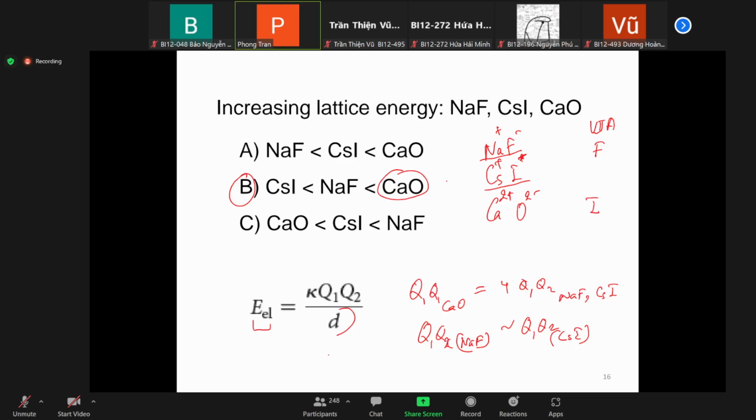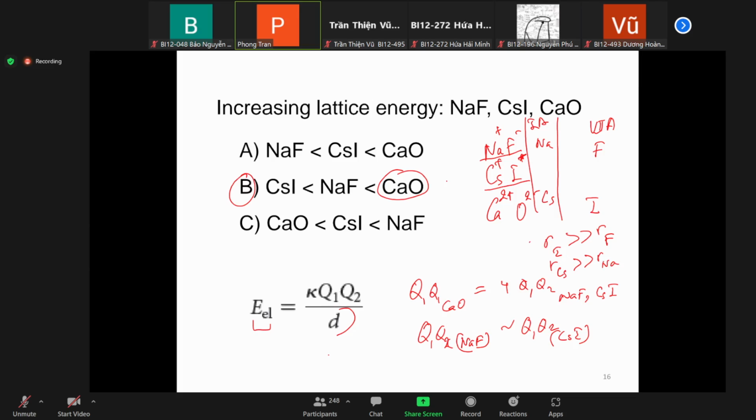So that means the radius of iodide will be larger than the radius of fluoride. The same thing for group 1A: you will have sodium and cesium at the bottom, like this. So you can imagine the radius of cesium is much larger than the radius of sodium.